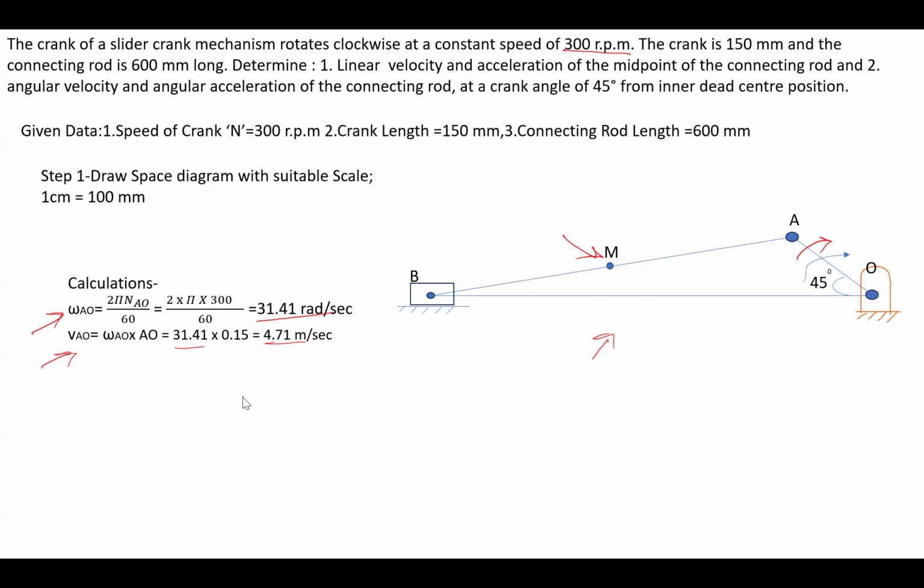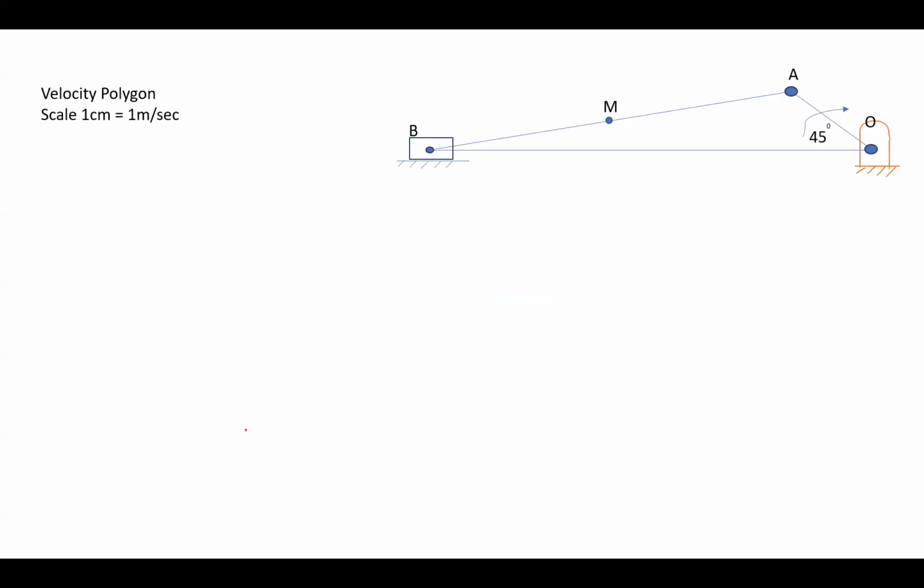So we know the magnitude of crank. Also, the direction is known to you for the crank. For crank, you know magnitude as well as direction. So now you can start with the velocity polygon once you know the magnitude and direction.